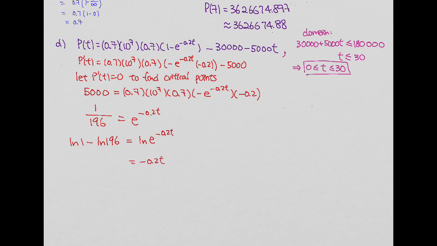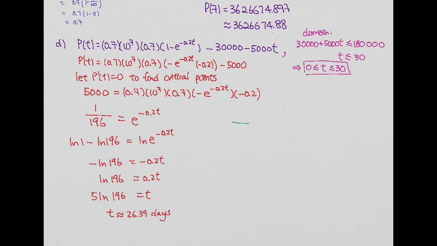Now, ln 1 is 0, so it's negative ln 196. Multiply by negative 1 on both sides, and times by 5 on both sides. So you get 5 ln 196 equals t. And t is approximately 26.39 days.